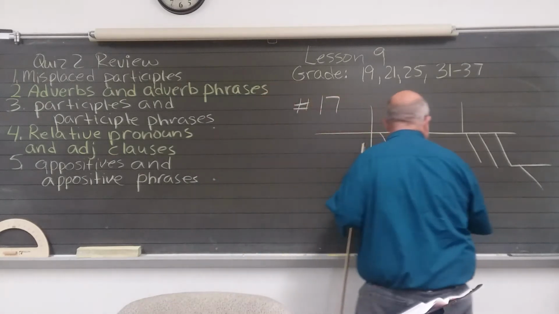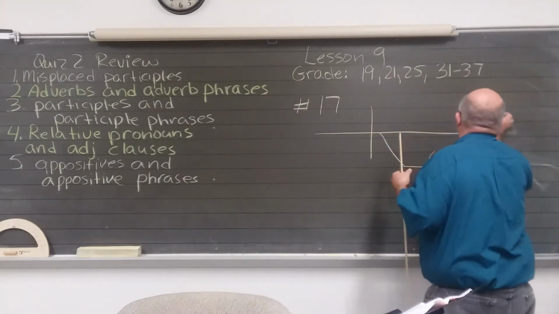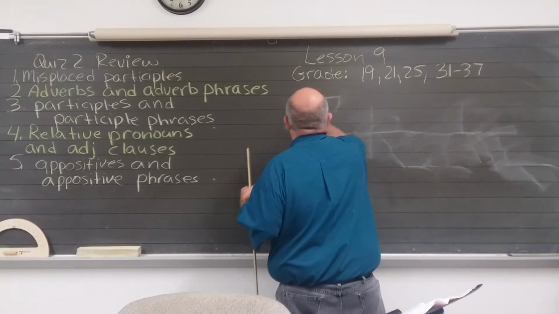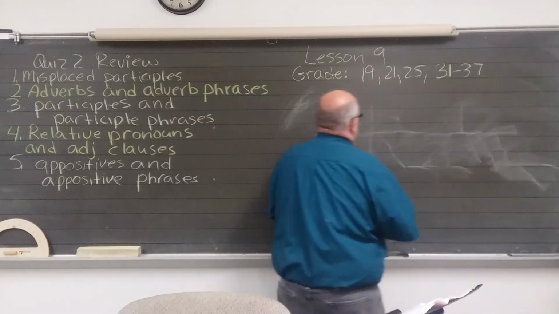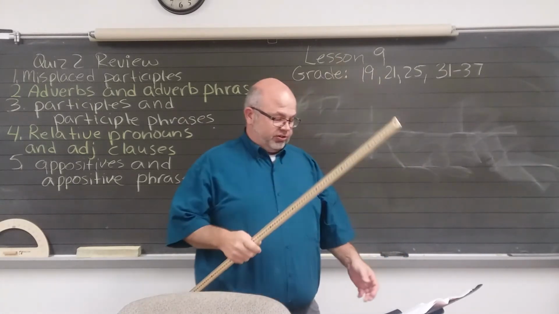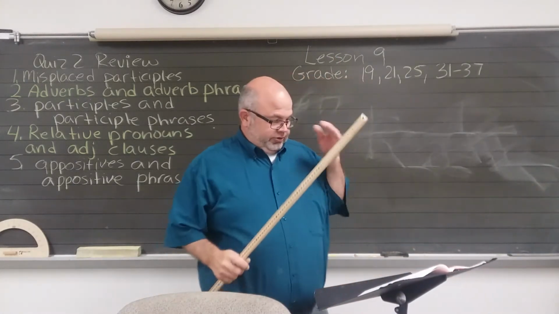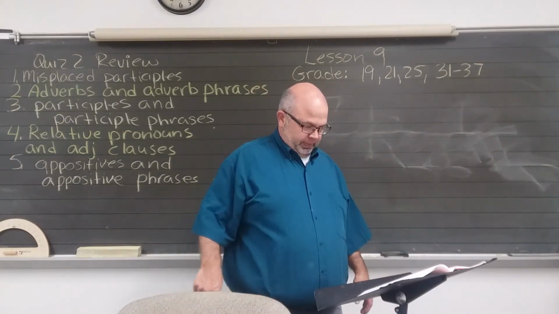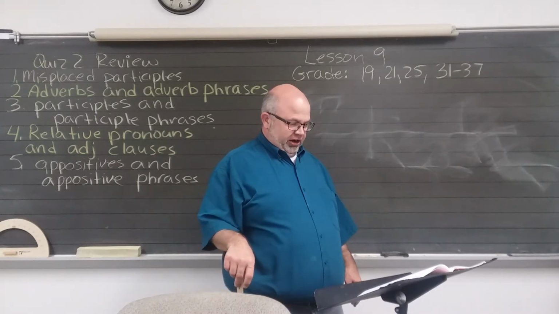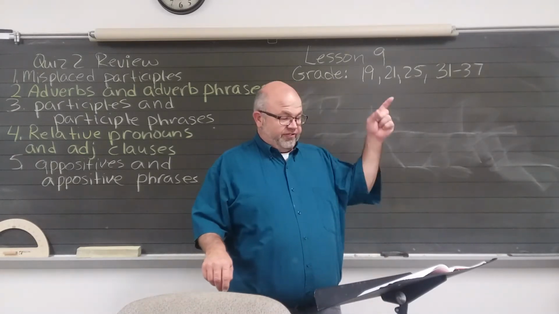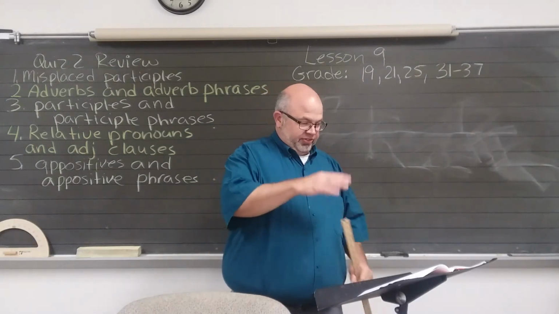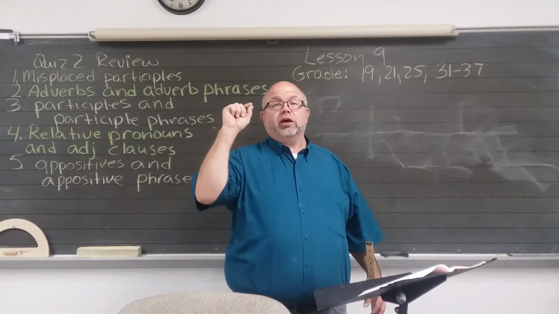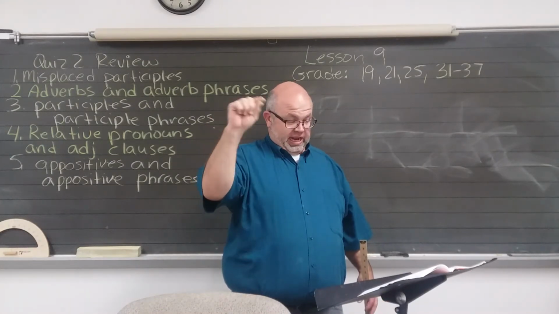Now let's do number 19. The diagram is already given to you, so let's just talk about it. I'm not going to put it on the board, but grade this one. Number 19 needs to be graded. So number 19, you apparently have a gerund, right? On the top part, the gerund phrase is visiting. And then the direct object after visiting is home. The appositive is Monticello, the name of the home.